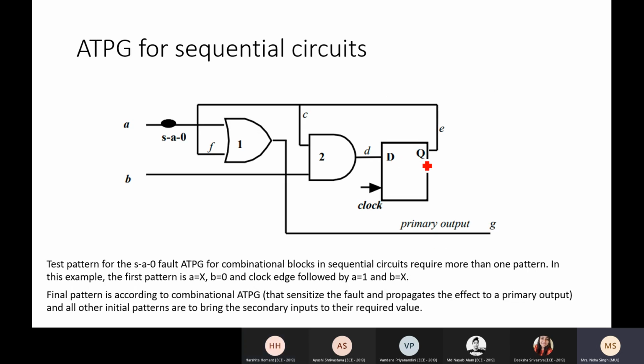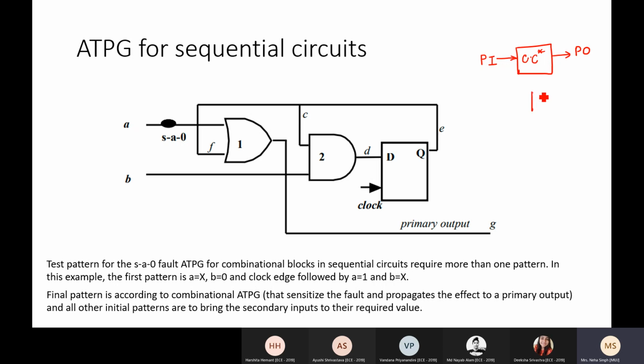If I have this flip-flop, in addition to the combinational circuit, suppose I have a combinational circuit में एक PI होता था, that is your primary input, एक PO होता था, that is your primary output. If there was any fault within the combinational circuit, I had to simply read that fault towards primary output and then judge its value, justify its value towards primary input.